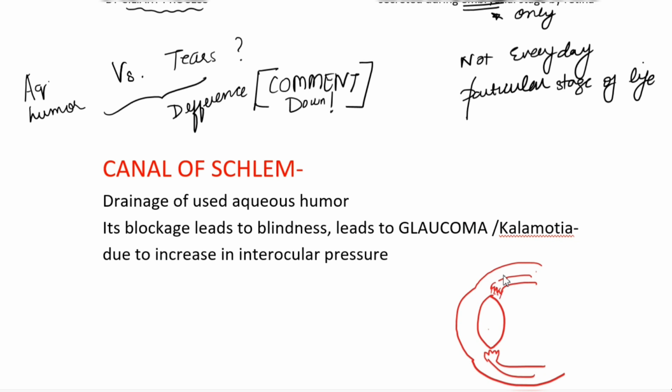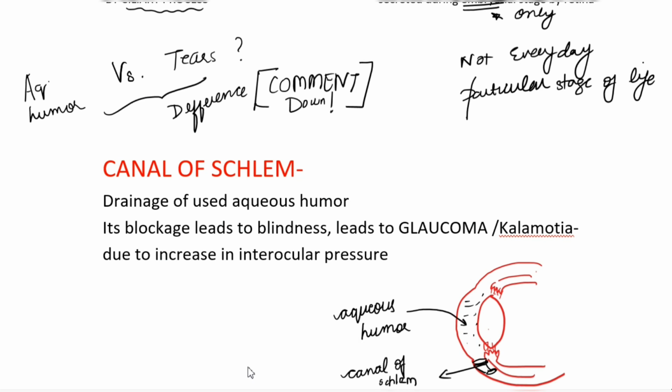This disorder is known as glaucoma, or commonly referred to as kalamotia. So the blockage leads to blindness, and this is mainly due to the increase in intraocular pressure due to excess aqueous humor not getting drained properly.